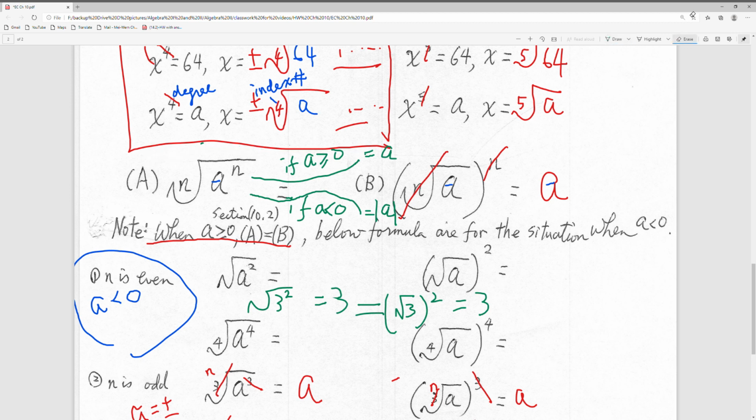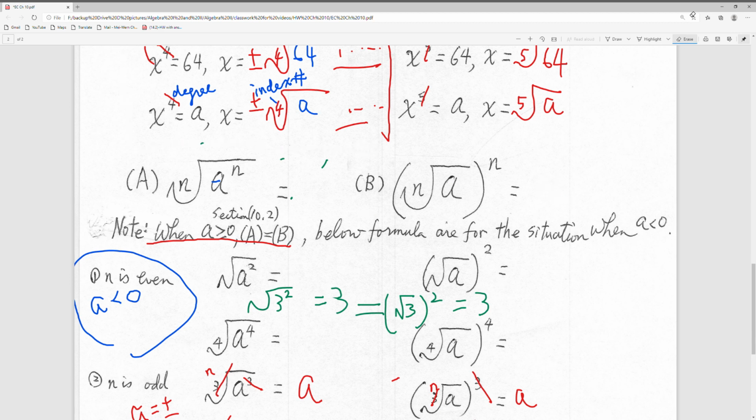So again, let me erase this. I won't make the formula say A equals B. I won't say that. It depends on the index number. If the index number is odd, then they are always equal. So if n is odd, then A equals B always.